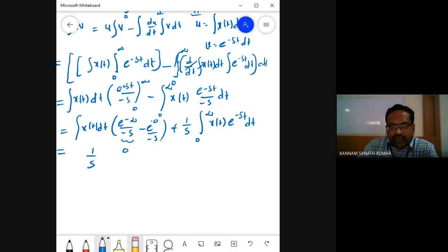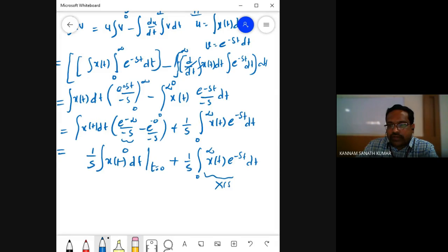So 1 by s integration x of t dt, this is at t equal to 0. That means you have applied the limits. T equal to 0 plus 1 by s integration 0 to infinity x of t into e power minus st dt.